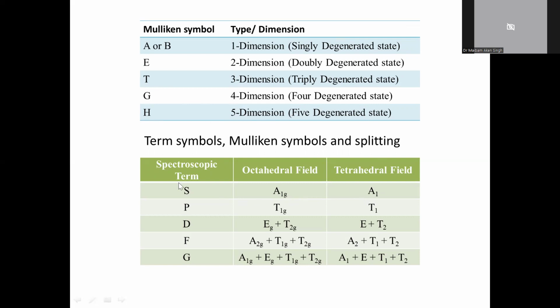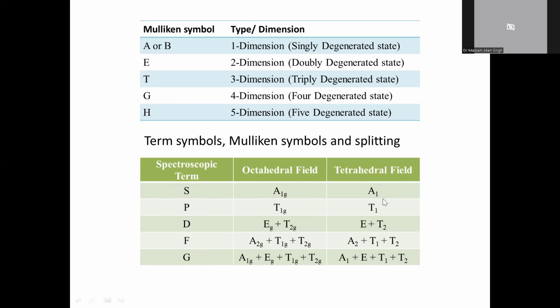For understanding, come to the term symbol, molecular symbol, and the splitting. As we know, the spectroscopic terms or levels are S, P, D, F, G. In the three-dimensional view of octahedral and tetrahedral, S represents A because there is a single S. G means gerade, reflecting symmetry.